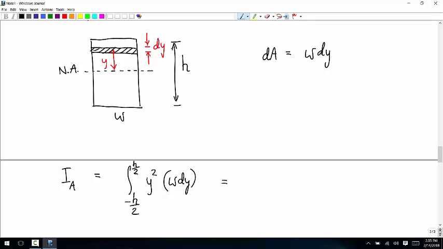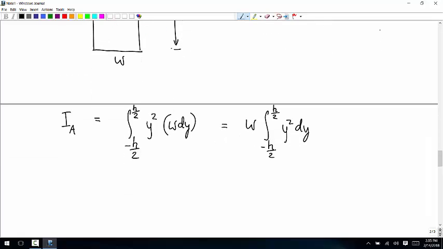And so that's equal to, I can pull the w out, w times the integral from negative h over 2 to positive h over 2 of y squared dy. And so that's equal to w times y cubed over 3, evaluated from negative h over 2 to positive h over 2.